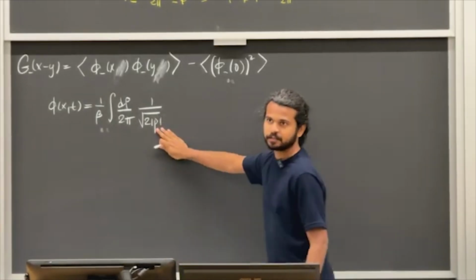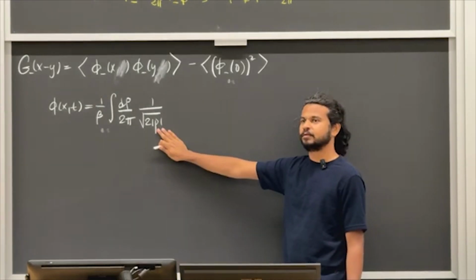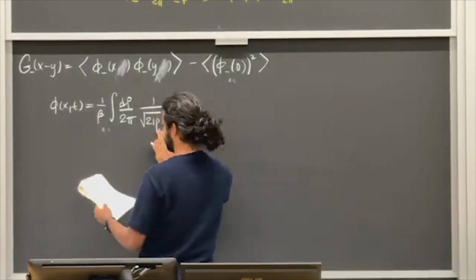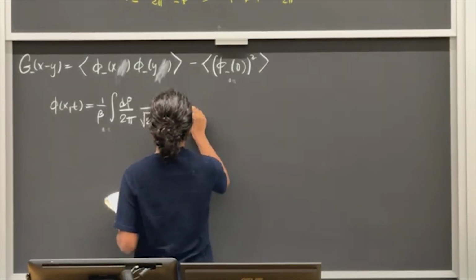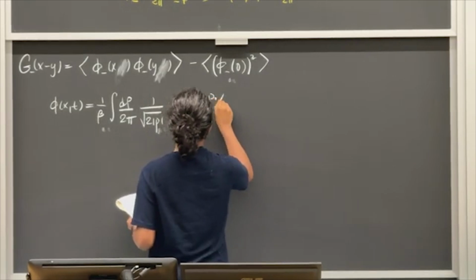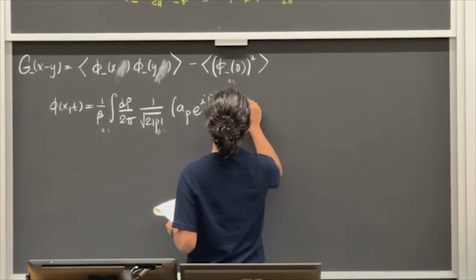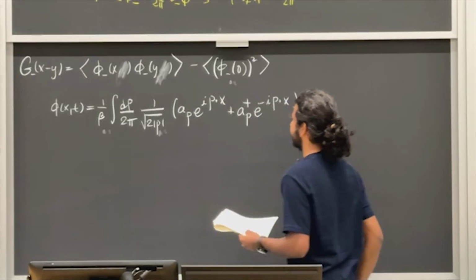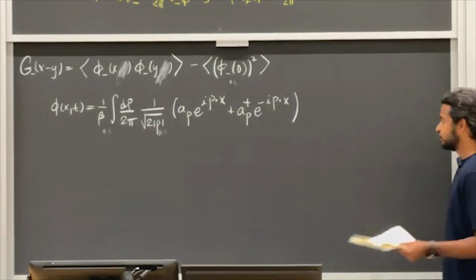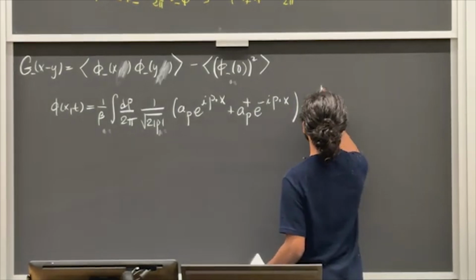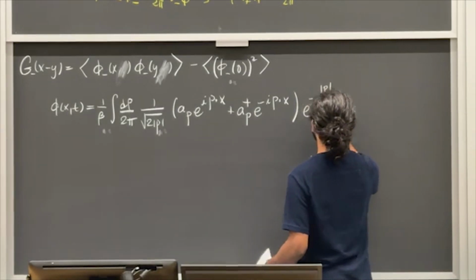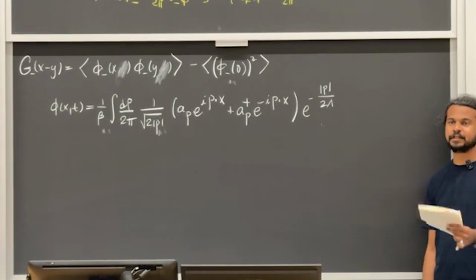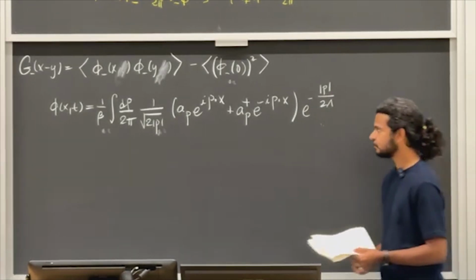This is the energy in 1 plus 1d with zero mass, of course. a_p e to the i p dot x plus a dagger p e to the minus i p dot x. And anticipating UV divergence issues, we're going to put a regulator. If you remember, this is exactly the same regulator that we put for the fermions.